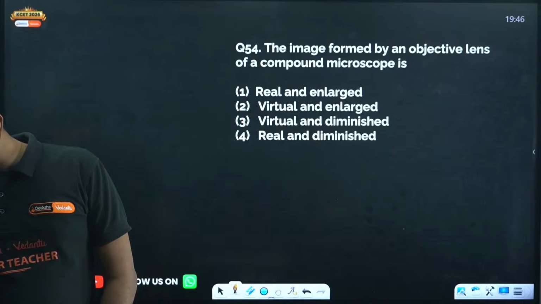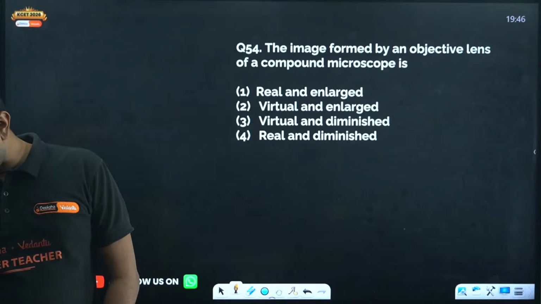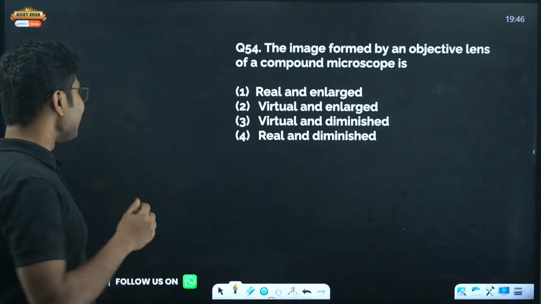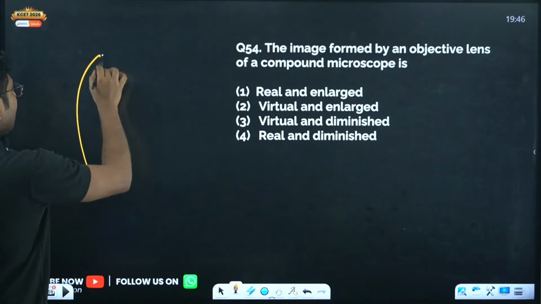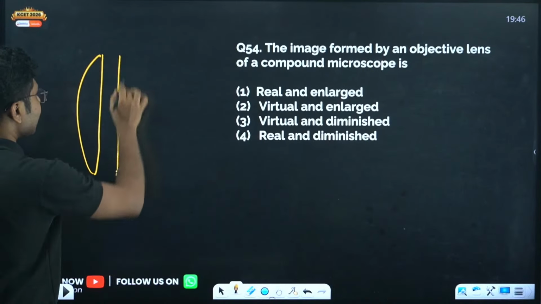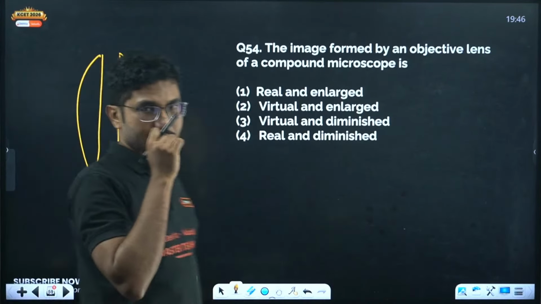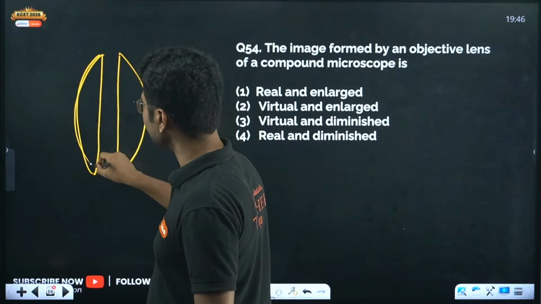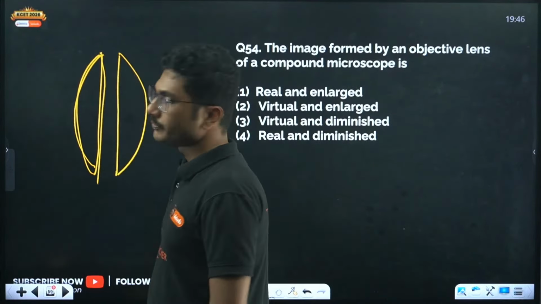Sir, when will the focal length change then? Focal length changes if you cut the lens like this. Why does it change? Because the radius of curvature of one surface remains the same, and the other one becomes infinity.